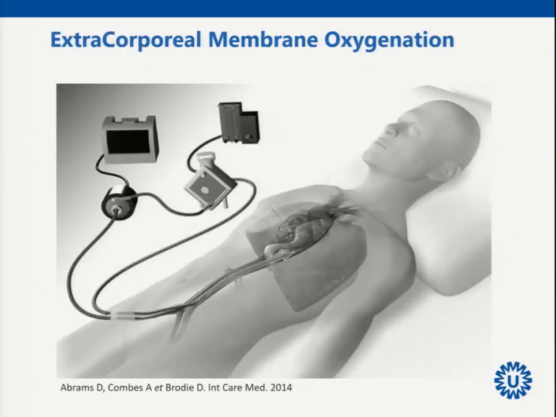So, coming to the details of extracorporeal membrane oxygenation, or extracorporeal life support as we call it today, it's important to realize that of course it is the patient that is interacting with the machine, but in order to understand the principles very well, I would like to focus on the circuit first.